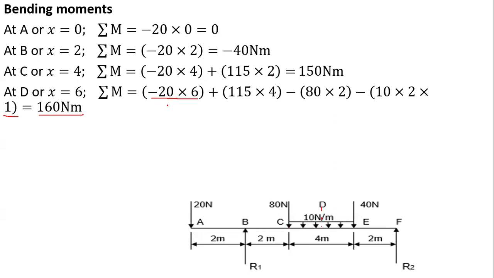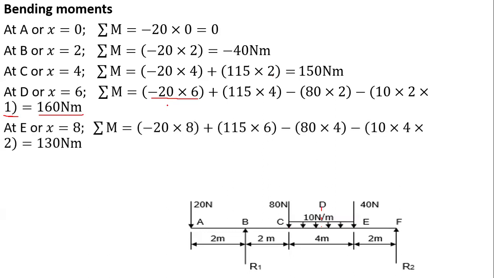Then I proceed to the next point, which is point E, the last end of the UDL. So for point E, all these remaining here, the first is negative 20 by the whole of that distance, which is 2 plus 2 plus 4, giving us 8. So x is now 8. Negative 20 by 8 plus, this is the one you say x minus 2, so this is now 115 multiplied by that distance there, which is 6.